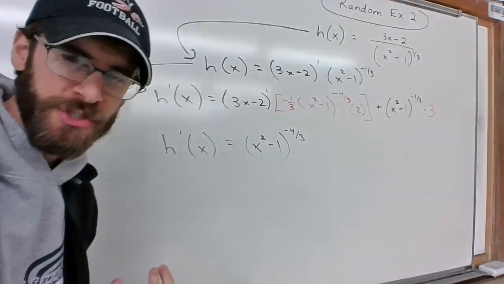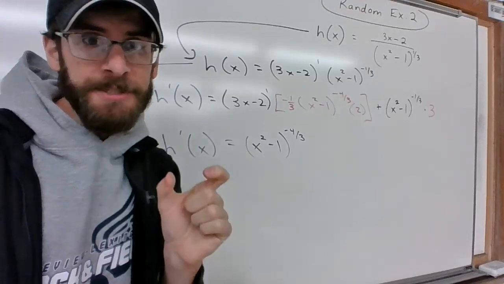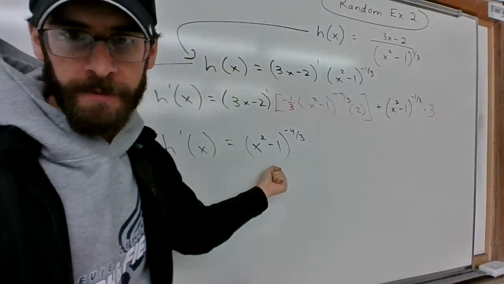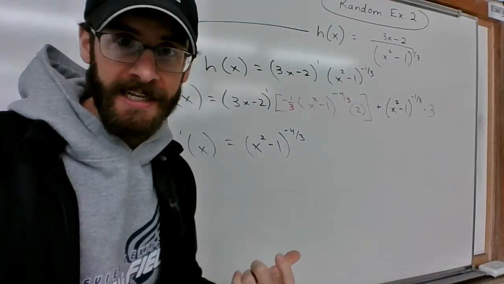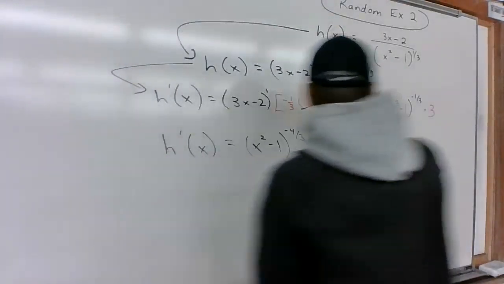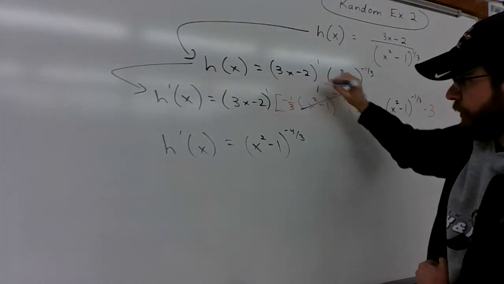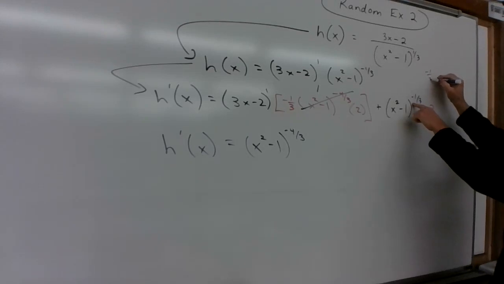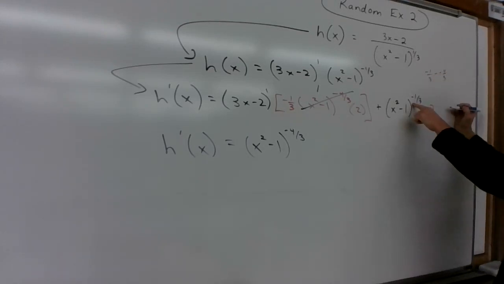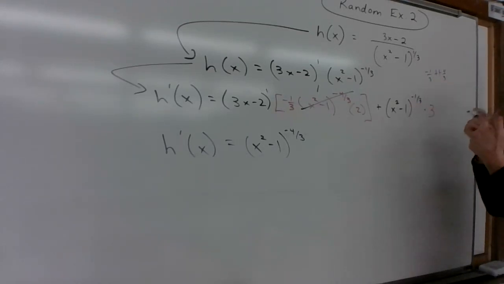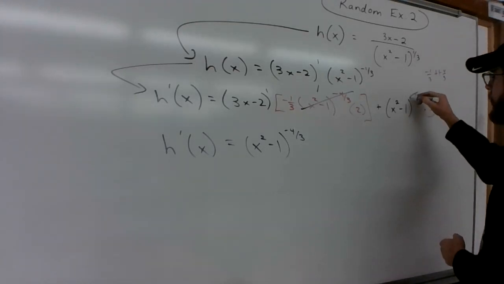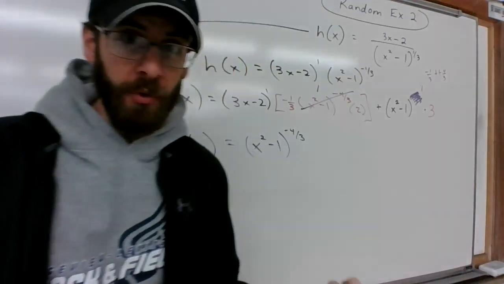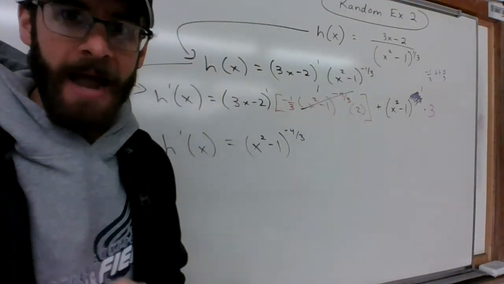Sometimes this is kind of hard to visualize, but just recognize I'm dividing these terms by x squared minus 1. So I'm subtracting the exponents. So it zeroes out that exponent, leaving just a 1. It makes this exponent negative 1/3 minus negative 4/3, 3/3. This is always going to be 1 when you apply quotient rule or product rule. It has that same pattern every single time.